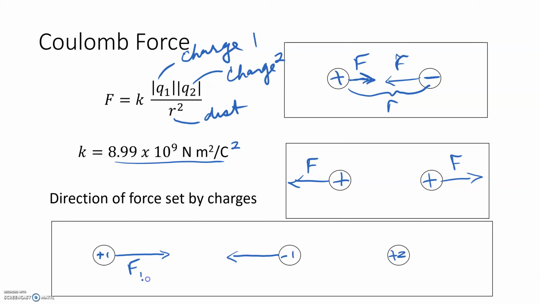F 1, minus 1. The negative 1 and the positive 2 are also attracted to each other. F minus 1 and 2. But there's also an interaction between the plus 1 and the plus 2, and those two, being both positive, are pushing away.